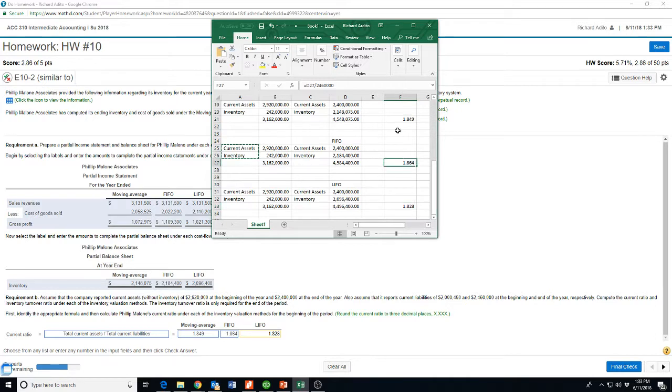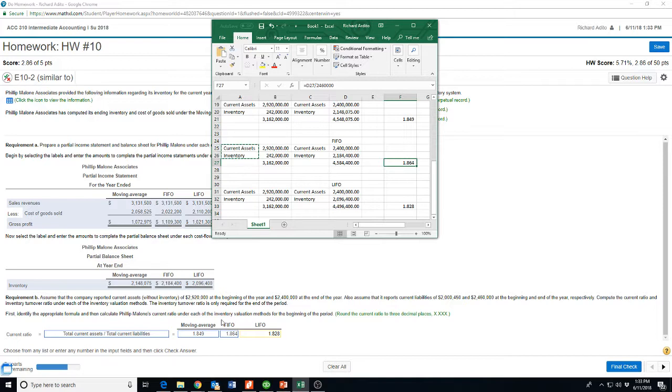That's what we divided by in each one of these. It should be at the end of the year, right?